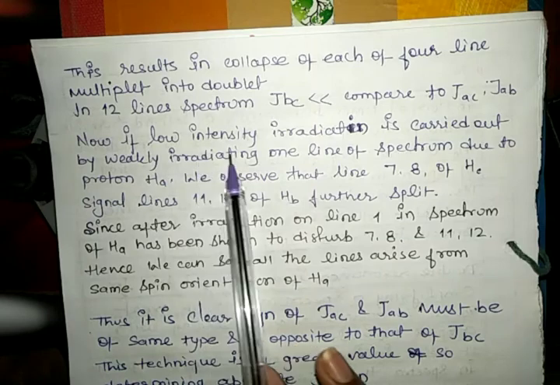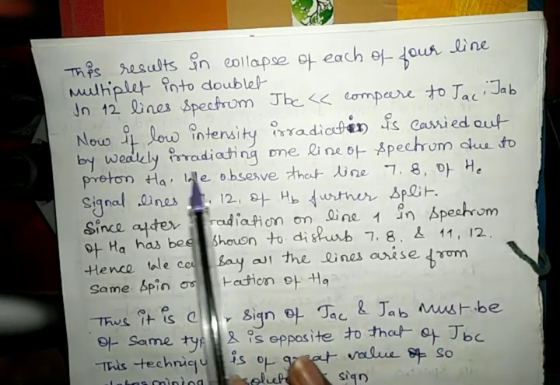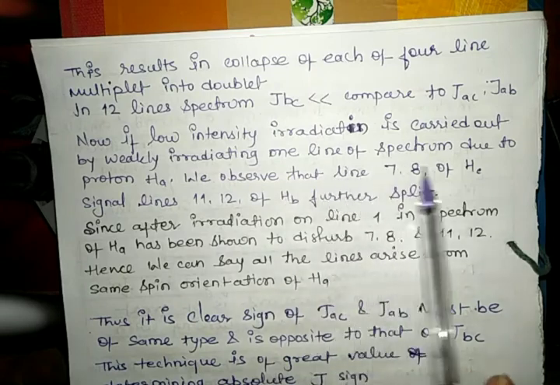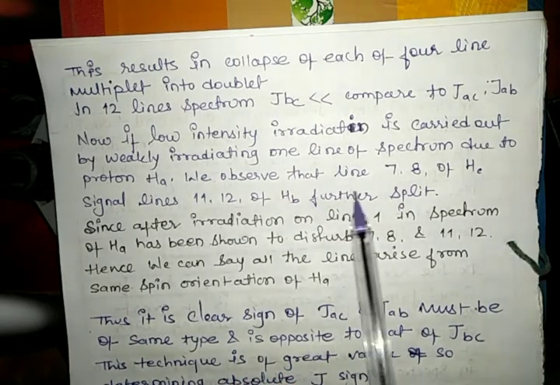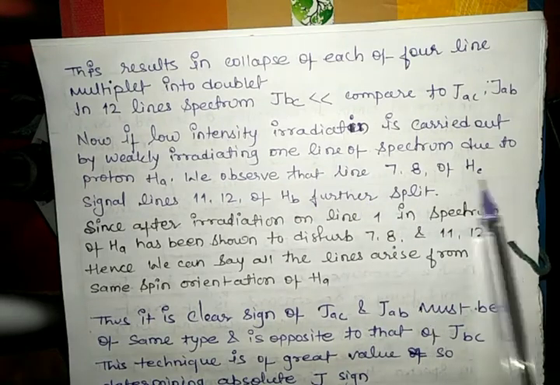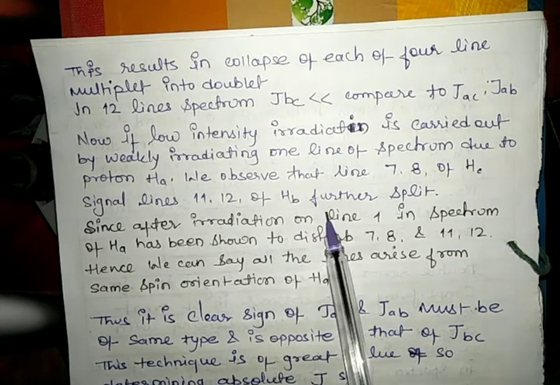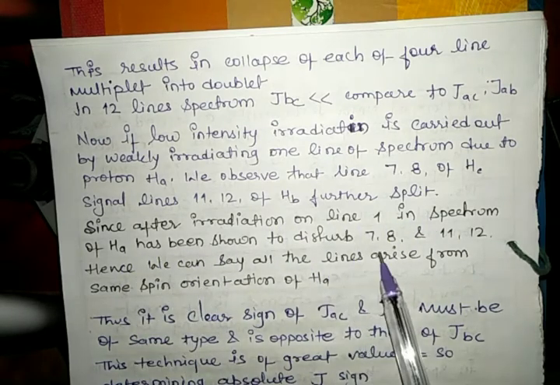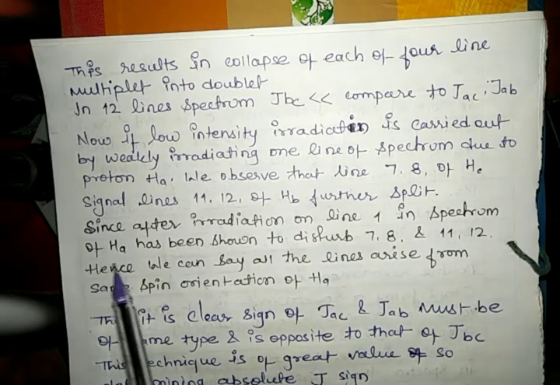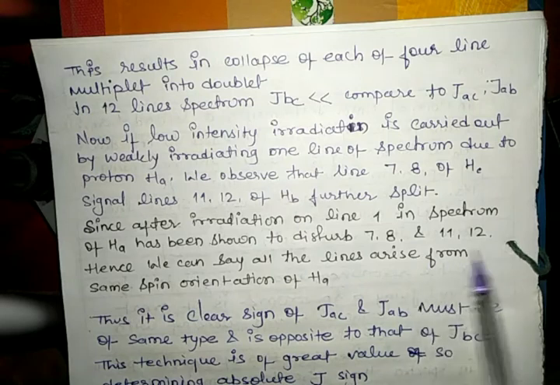Now, if low intensity irradiation is carried out by weakly irradiating one line of the spectrum due to proton Ha, we observe that lines 7 and 8 of the Hc signal and lines 11 and 12 of Hb are further split, since after irradiation one line in the spectrum of Ha has been shown to disturb 7, 8 and 11, 12.